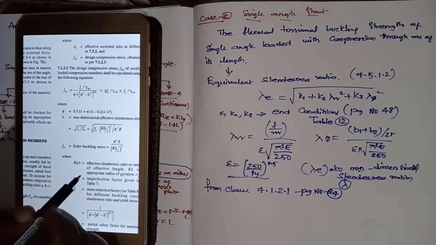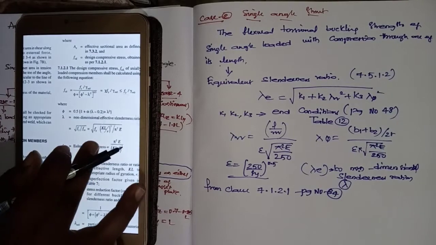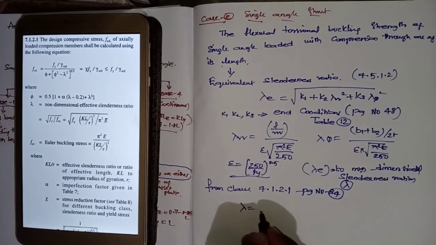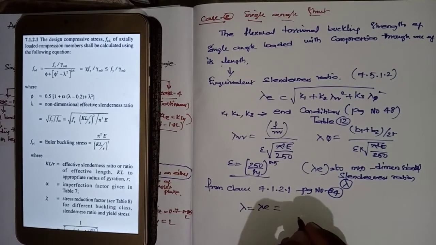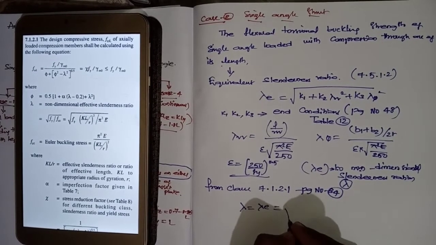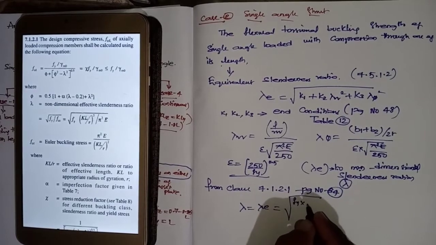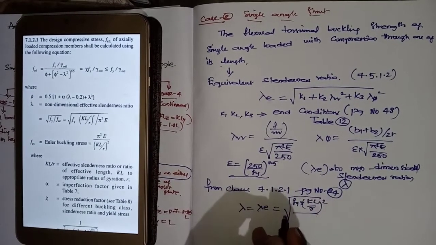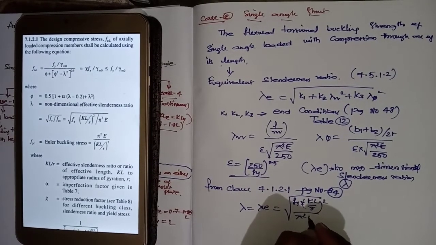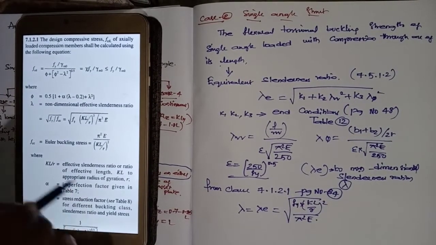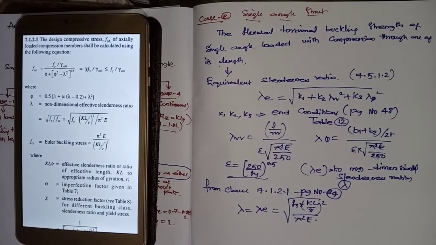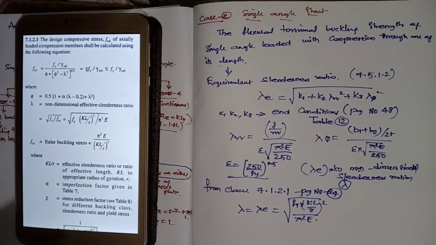This is what the non-dimensional effective slenderness ratio means. Lambda equals lambda e, which equals under root of Fy into KL by R square by pi square E. You will be getting the KL by R value. This is the way you are supposed to calculate the effective length.